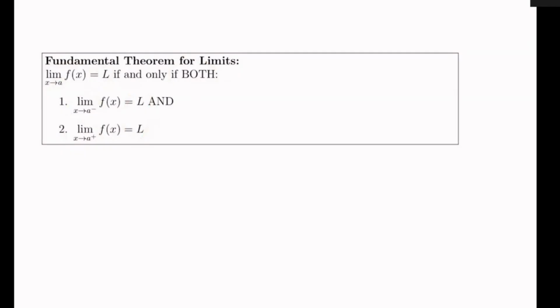For a limit to exist, the function must approach the same value from both directions, but it doesn't necessarily have to be defined at that point. It's like two friends agreeing to meet at the same spot, but if they go to different places, they don't meet. So if they don't meet, that means the limit doesn't exist.